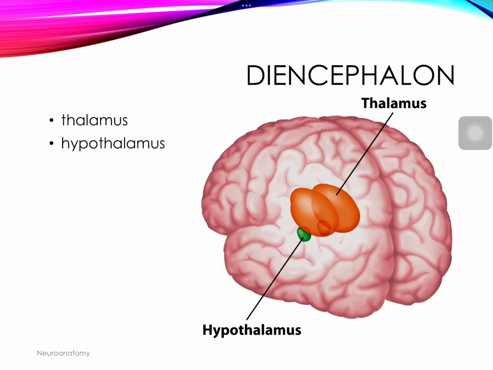One particular area that's really important to know about the diencephalon is that it contains the thalamus. And the thalamus, you can see, is kind of egg-shaped. You have one on each side. It also includes the hypothalamus, but let's start with the thalamus first. The thalamus is the gateway to the cortex for sensory systems.